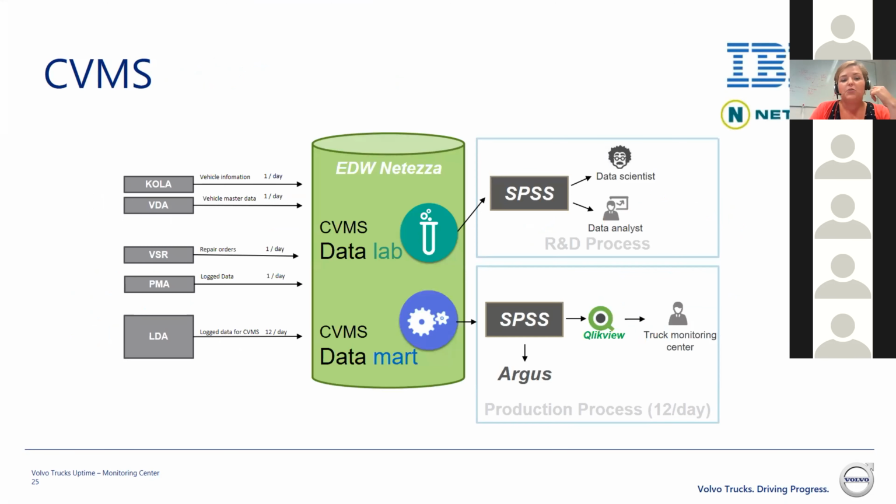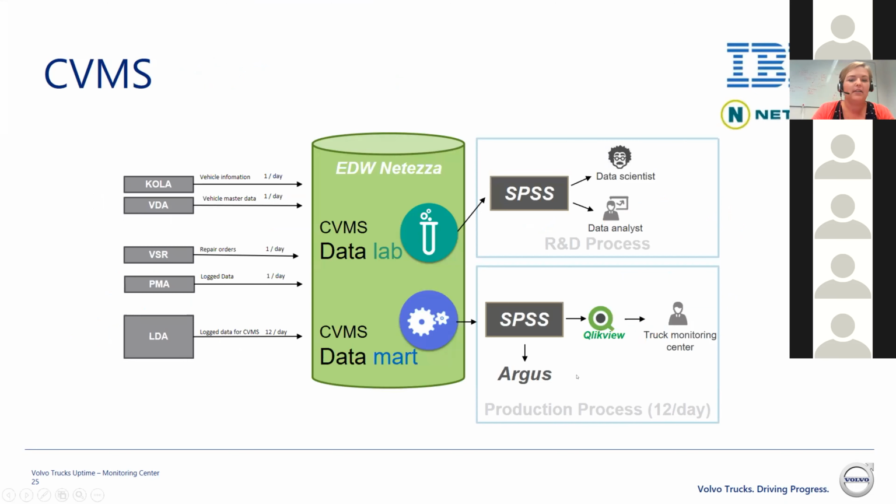We have a data lab where we as data scientists can do whatever we want without breaking down the production process, and this is a very crucial part. Because, for example, let's say I want to run a model and it takes 3-4 hours to run and takes a lot of resources off the servers where we're running it.